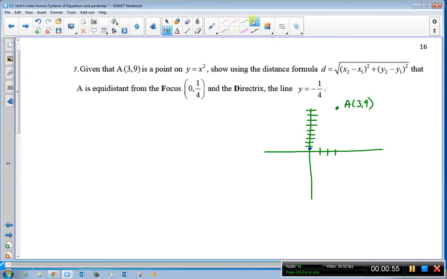That's F. The directrix is the line y equals negative 1/4. So that's L.